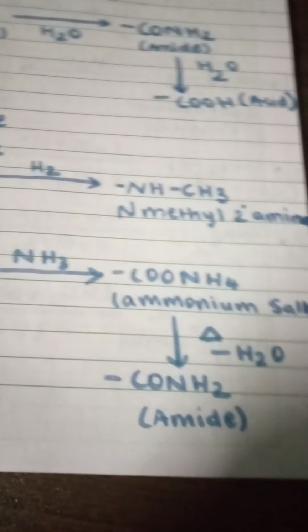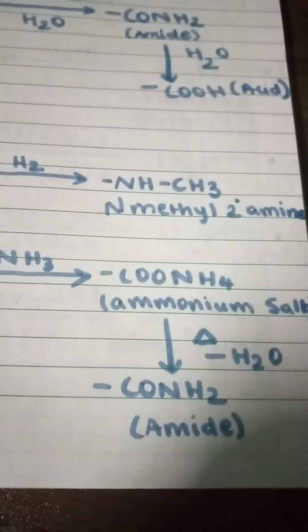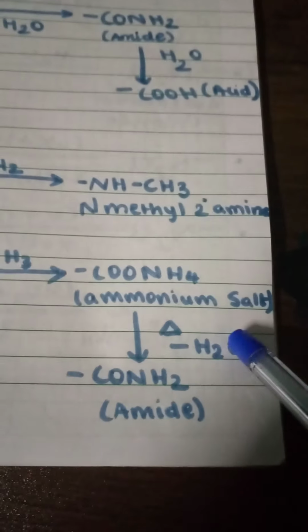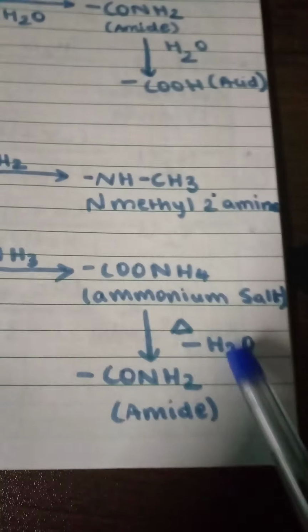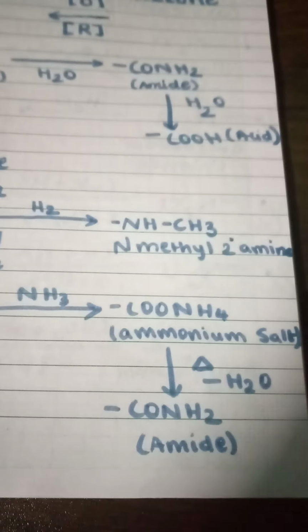These are the parts where students get confused, but it is simple: dehydrogenation is removal of hydrogen. Dehydration, we already know what hydration means, like in summer season we hear that we get too hydrated. Hydration means water related, so removal of water is dehydration. So this ammonium salt on dehydration will give me amide.